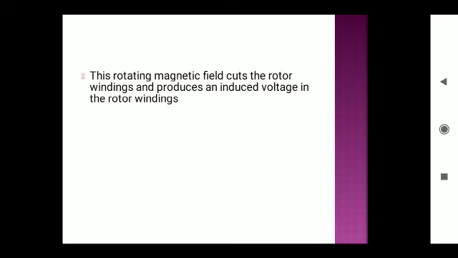Now, the rotating magnetic field cuts the rotor winding and produces an induced voltage in the rotor windings. When the rotor is at standstill mode, the rotor conductors cut the rotating magnetic field, and according to Faraday's laws of electromagnetic induction, an induced EMF is produced in the rotor windings.